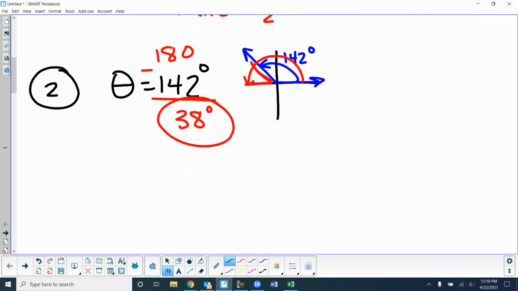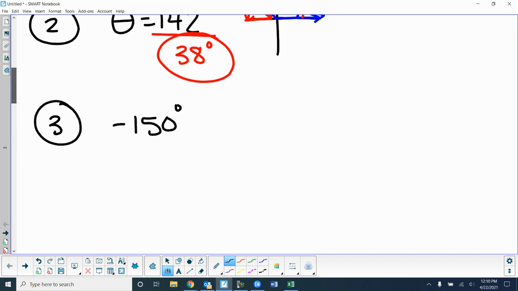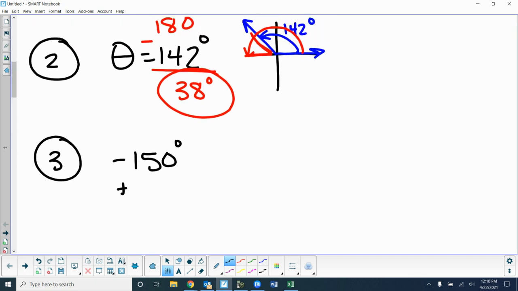Number 3 is asking for a positive coterminal and a negative coterminal to negative 150, right? So again, you don't have to draw it. All you have to do is add 360 and subtract 360 to find coterminal.